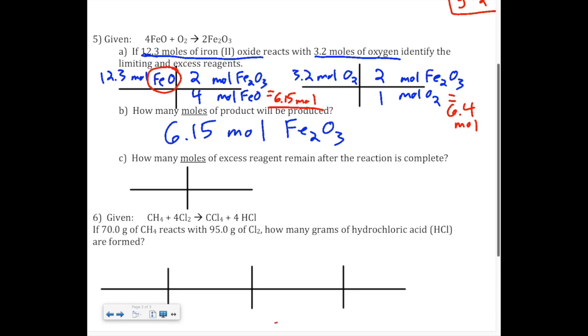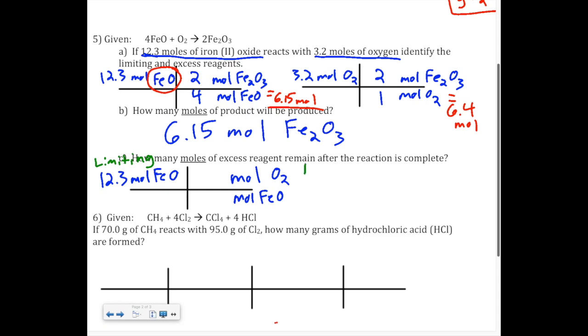Now, it says how many moles of excess reagent remain after this reaction. So what you should do is take 12.3 moles of FeO. That is my limiting reactant. So start with your limiting reactant here, and then convert moles of FeO to moles of my excess reactant, O2.